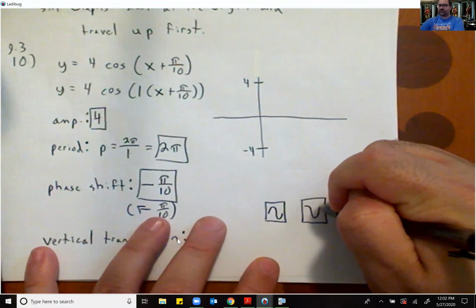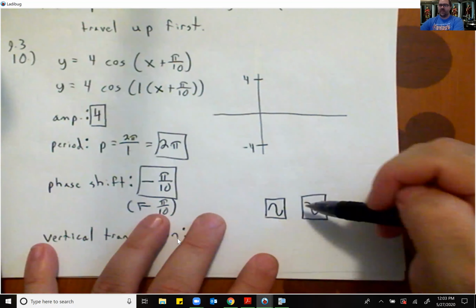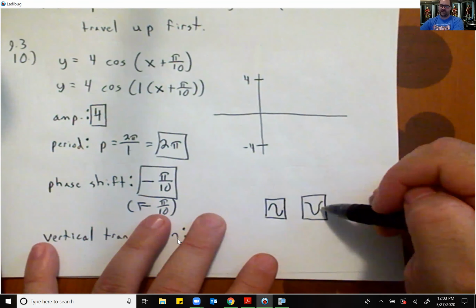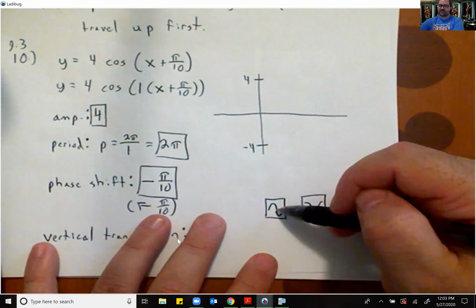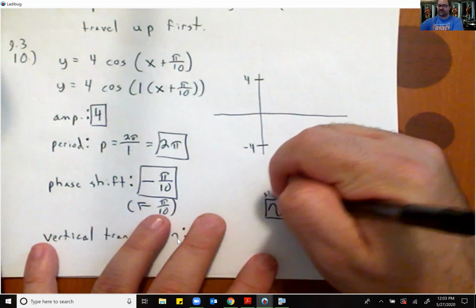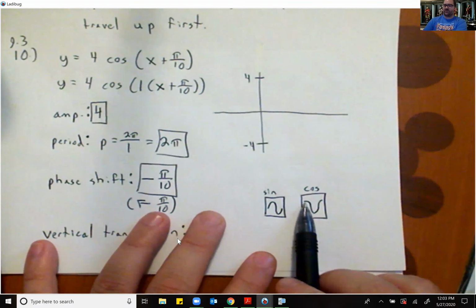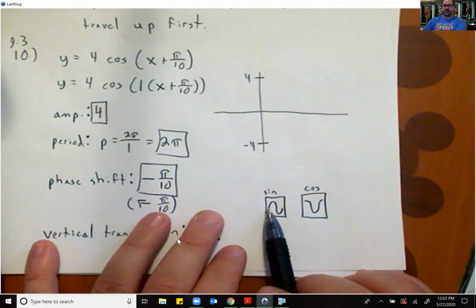So it starts up, goes down, and then goes back up. If you hover your mouse over these pictures, it will tell you which function it is. But you should know that this is the sine function. This is the cosine function, because cosines start at the amplitude, sine starts at the origin. Okay?